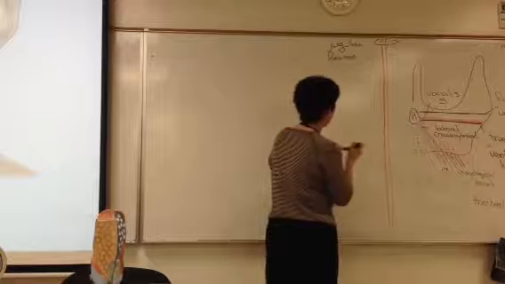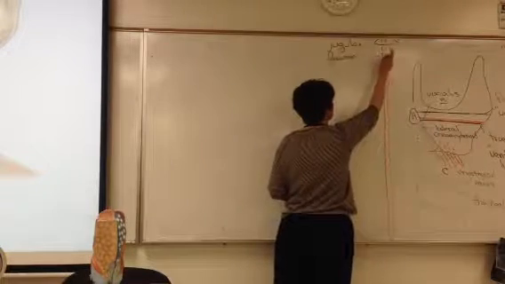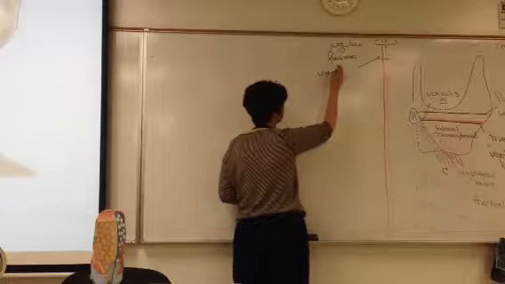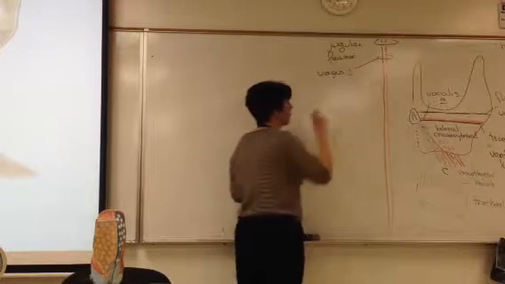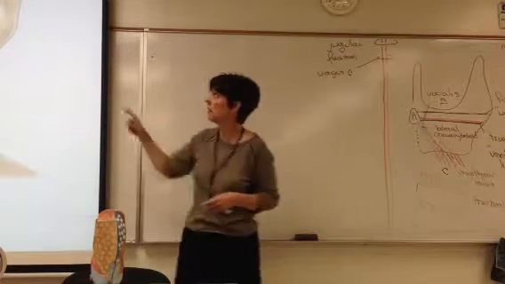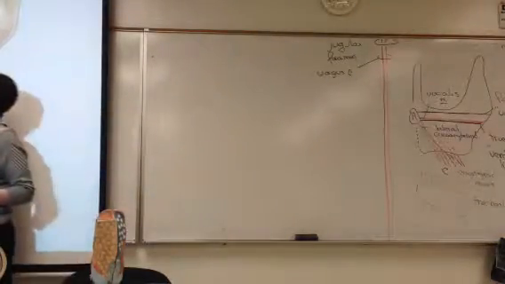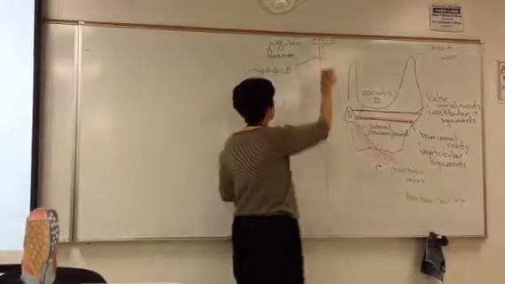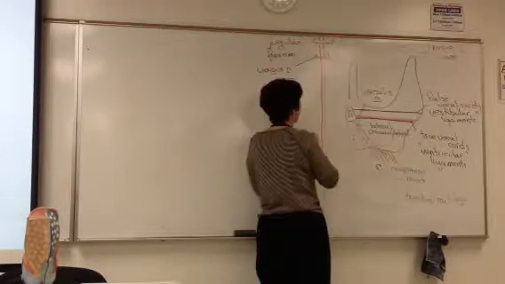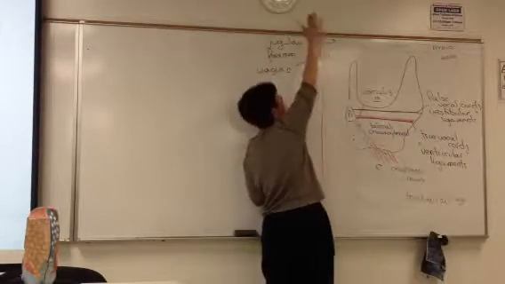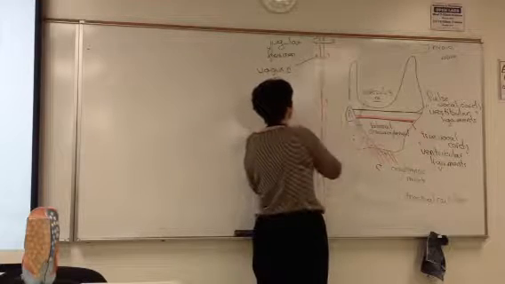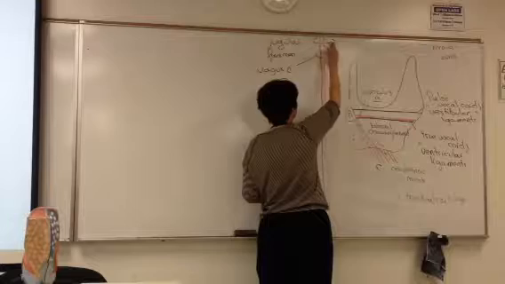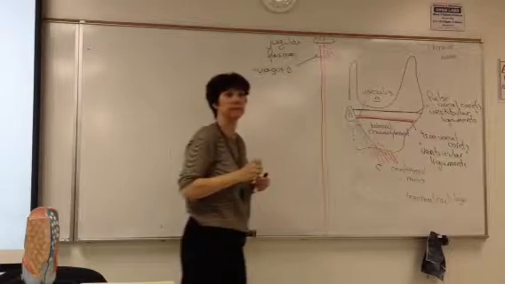However, along its way, it does give off several branches that involve the larynx. So up high, just behind the angle of the mandible, it gives off a branch known as the superior laryngeal nerve.